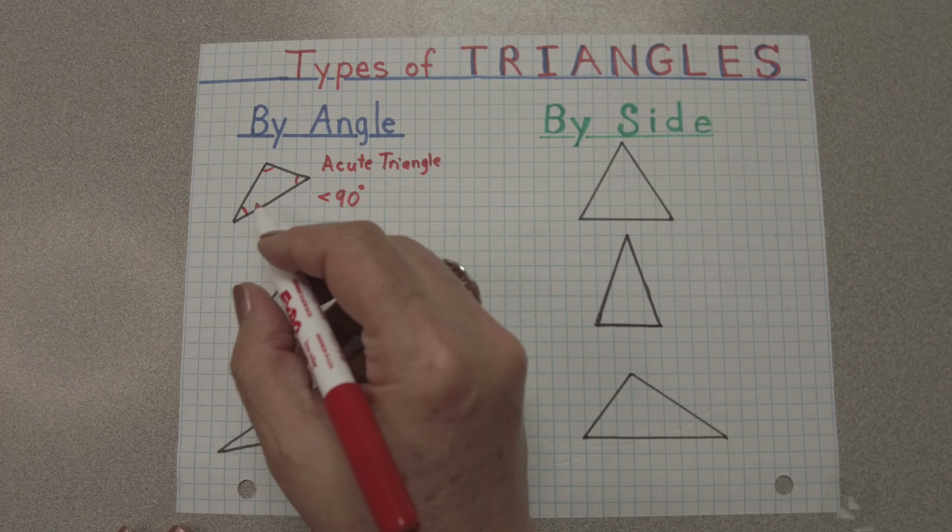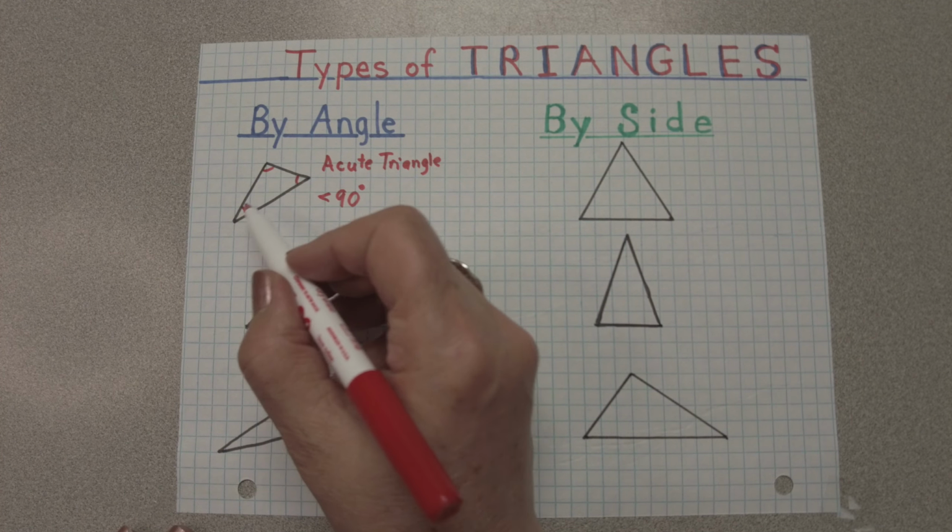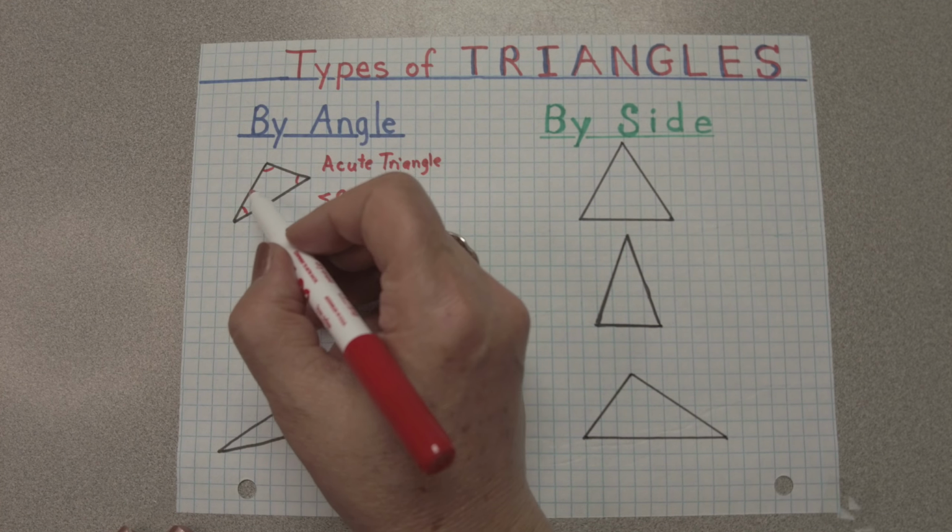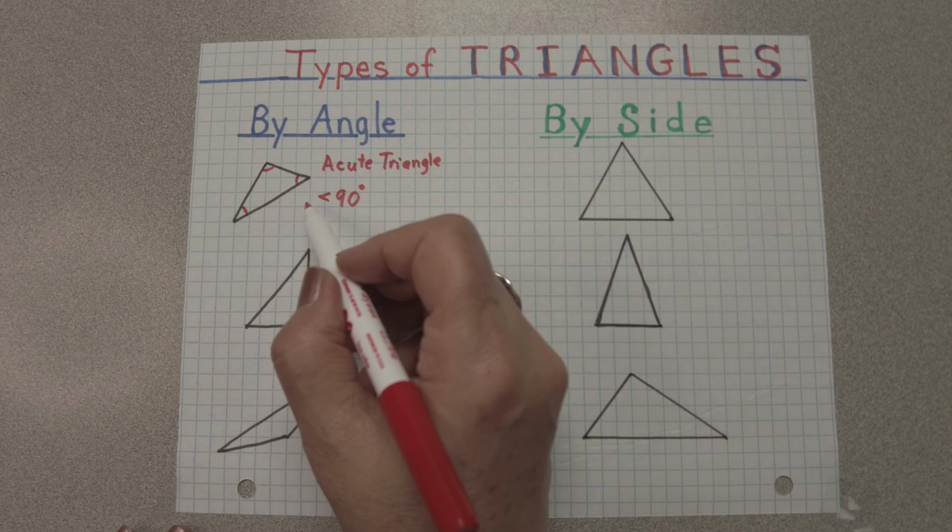So this one is an acute triangle. As I told you, all angles are smaller than 90 degrees.